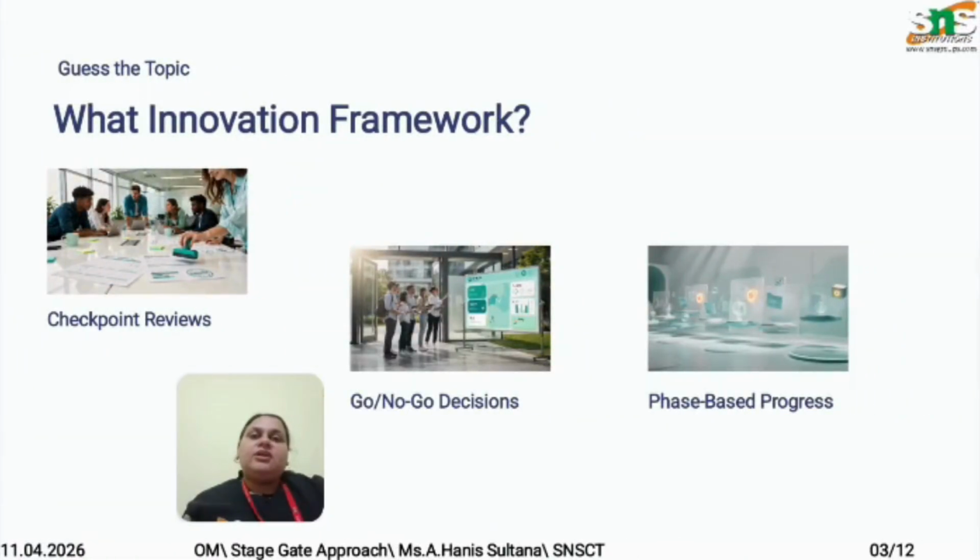Now we are going to check how innovation works. In the last topic we discussed product development. Development doesn't conclude with the first phase of development alone.